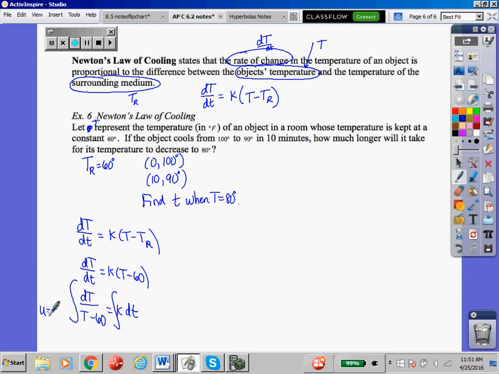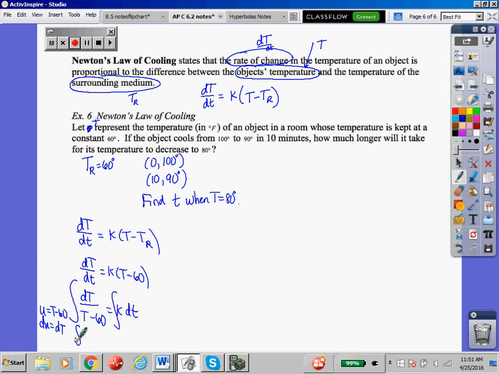Now you need to be careful. I have more than T down in the bottom, so when I integrate dT over T minus 60, I have to do u substitution there. So I'm going to let u be T minus 60, so du equals dT.